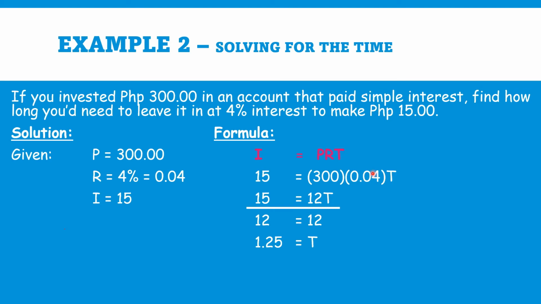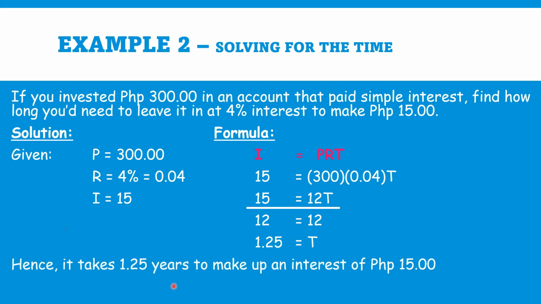Simplifying, copy 15 is equal to 300 times 0.04, that will give us 12, and then copy the variable T. To find the value of T, we need to divide both sides by 12. So 15 divided by 12, that is 1.25, is equal to T. Hence, it takes 1.25 years to make up an interest of 15 pesos.